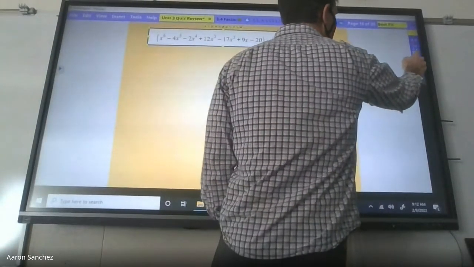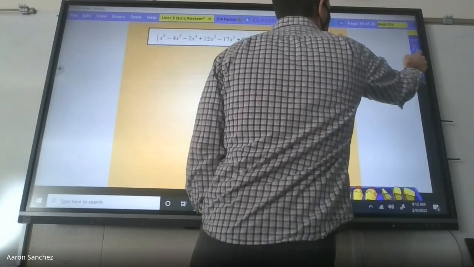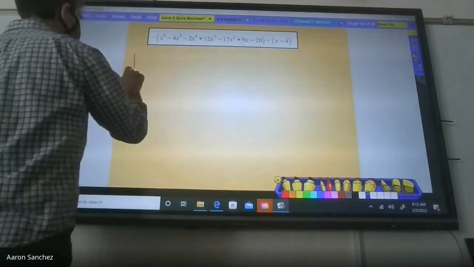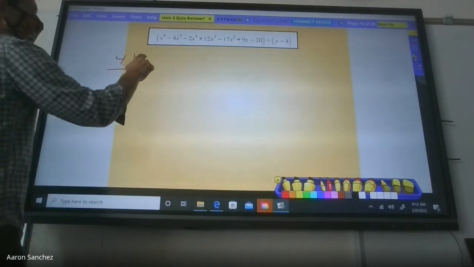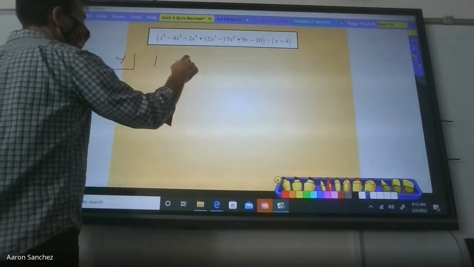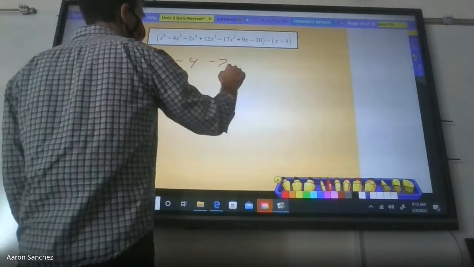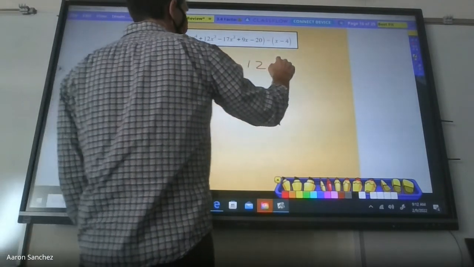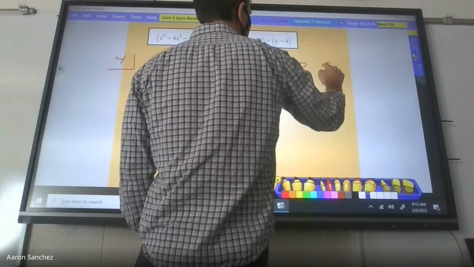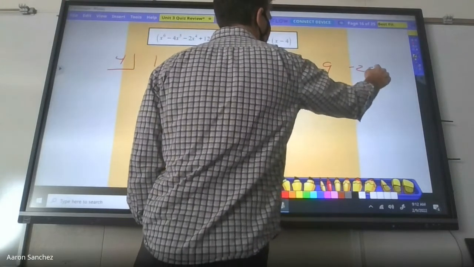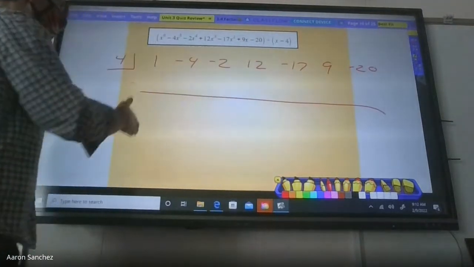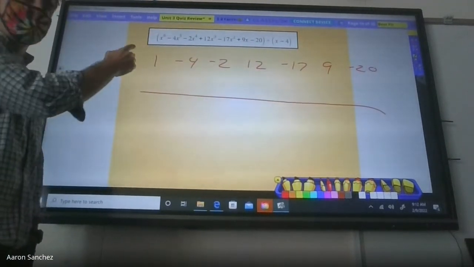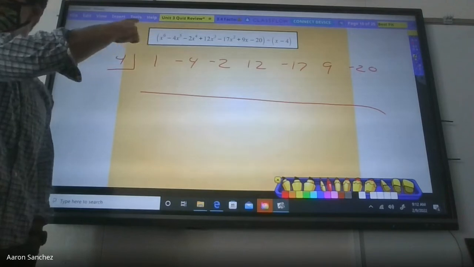Let me set it up. So what do I put in that little box? Positive 4, and then I go 1, negative 4, negative 2, 12, negative 17, 9, negative 20, and then you do the thing. Remember, we add on the way down, and then you multiply to go back up, right?